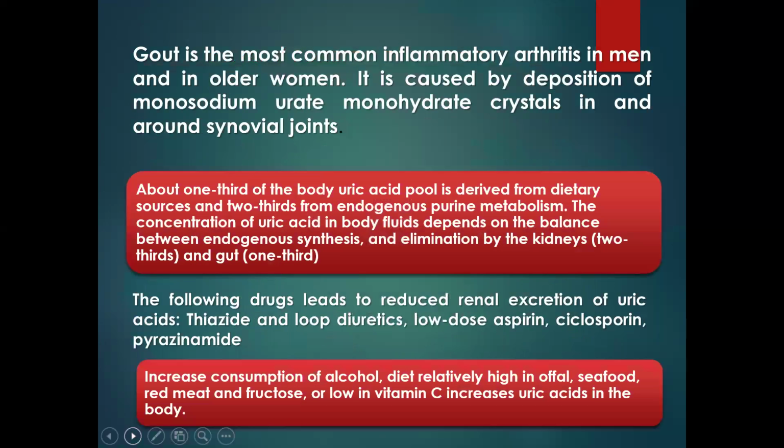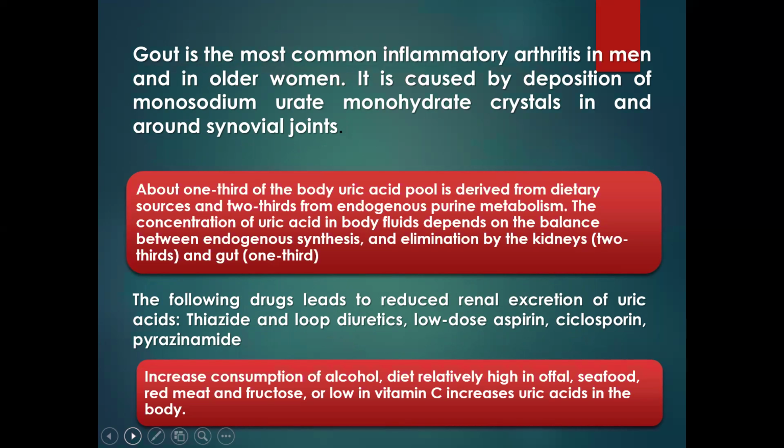Now, it's worthy of note that we are done with the pathophysiology of gout. What happens? The deposition of the crystals, the response by immune cells, and then the destruction and inflammation. Now let's look at gout again.